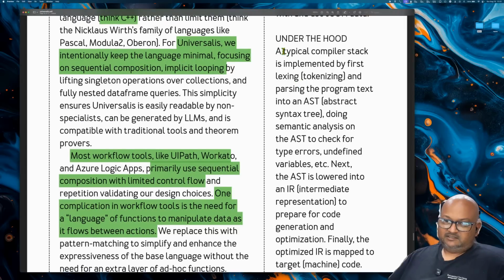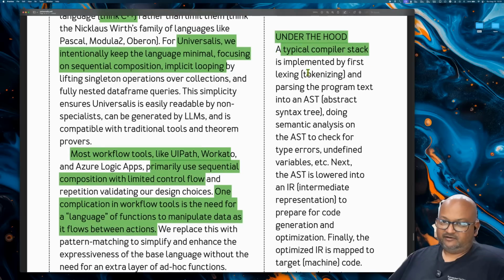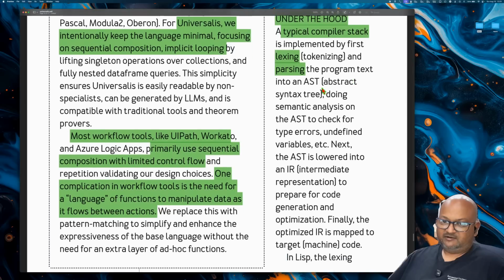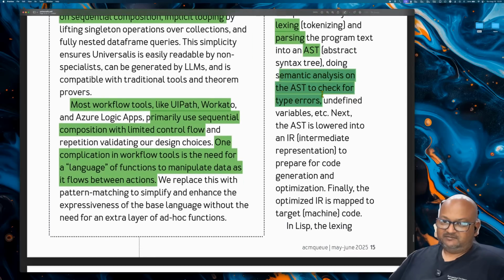And this might seem counterintuitive because this is just natural language, but the implementation is a typical compiler stack where you have to lex and parse the program text. You have an abstract syntax tree. You do some type checking and semantic analysis on that abstract syntax tree, and you bring it down into an intermediate representation.